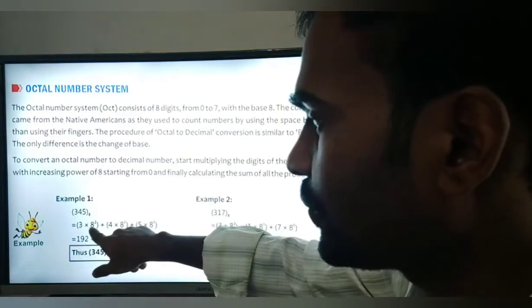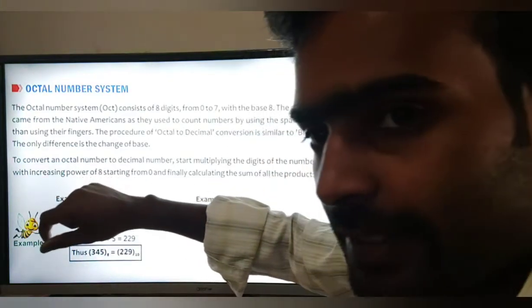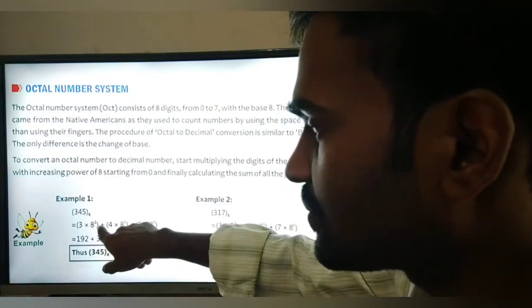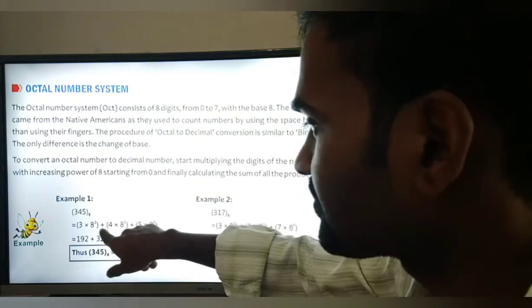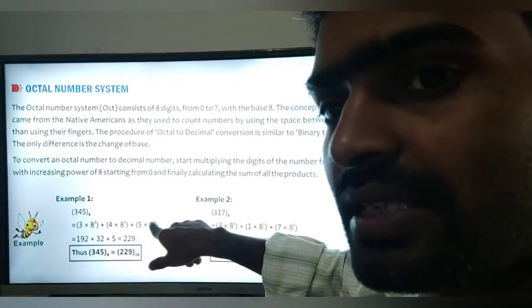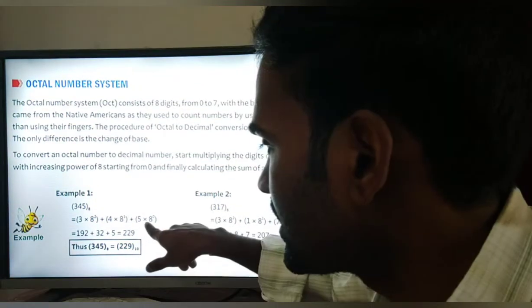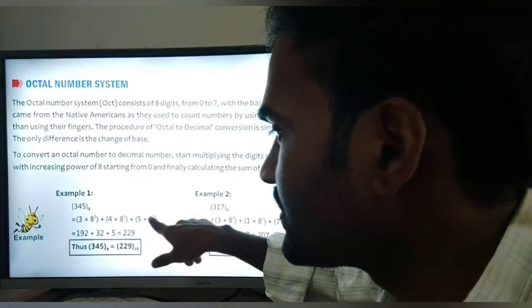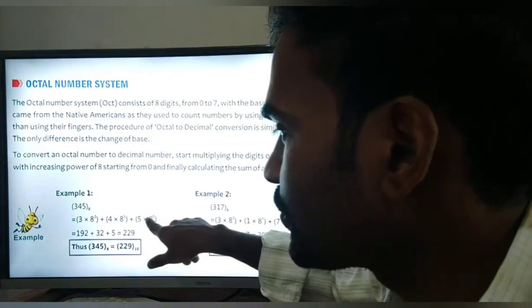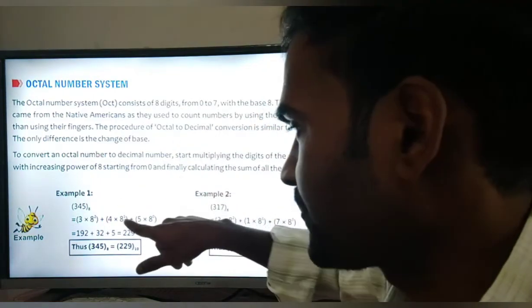Now we have to solve each bracket, and at last we have to add the products. Clear? As we know, any number power 0 always means the value 1. So 8 power 0 becomes 1, right? And 5 into 1 is 5.